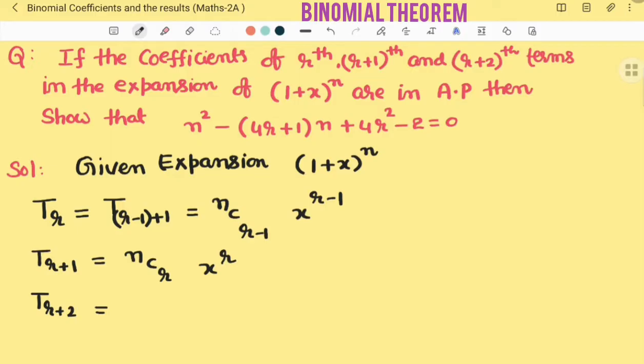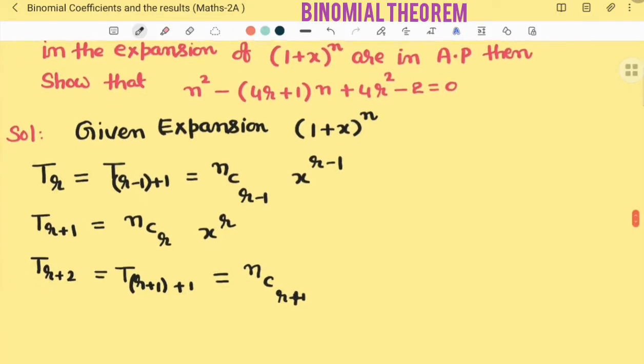The (r plus 2)th term can be written as t(r plus 1 plus 1), in the form of t(r plus 1), which is equal to nC(r plus 1), 1 power anything is 1, so x power r plus 1. I hope everyone understands. These are the expansions: the rth term, r plus 1th term and r plus 2th term.